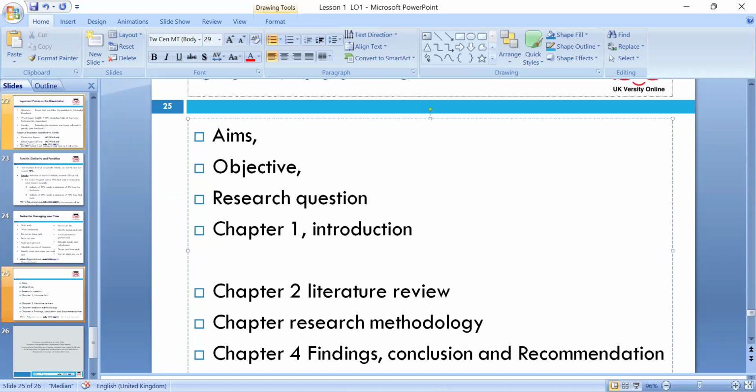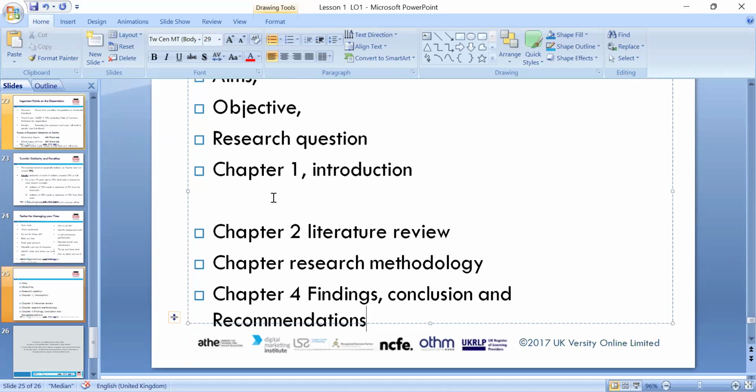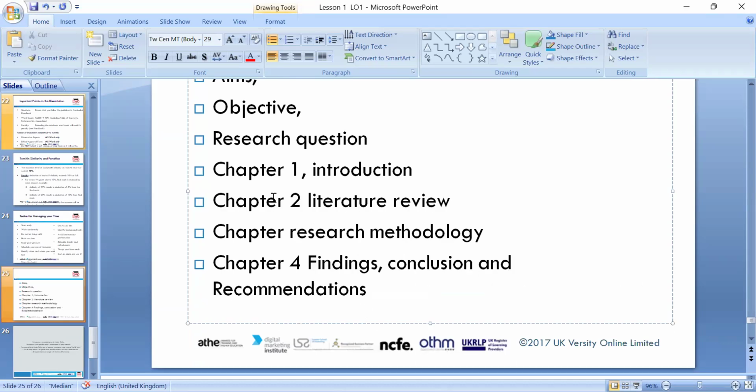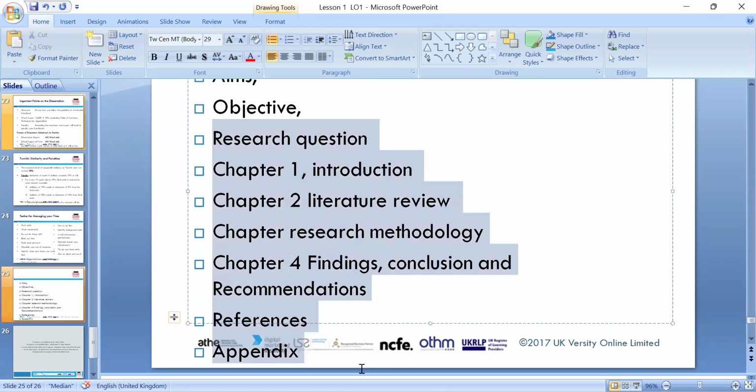That's the way we need to look at our research and our proposal. Of course, you can add a references page and appendices. We'll look at that in the following lessons, and then we'll complete.